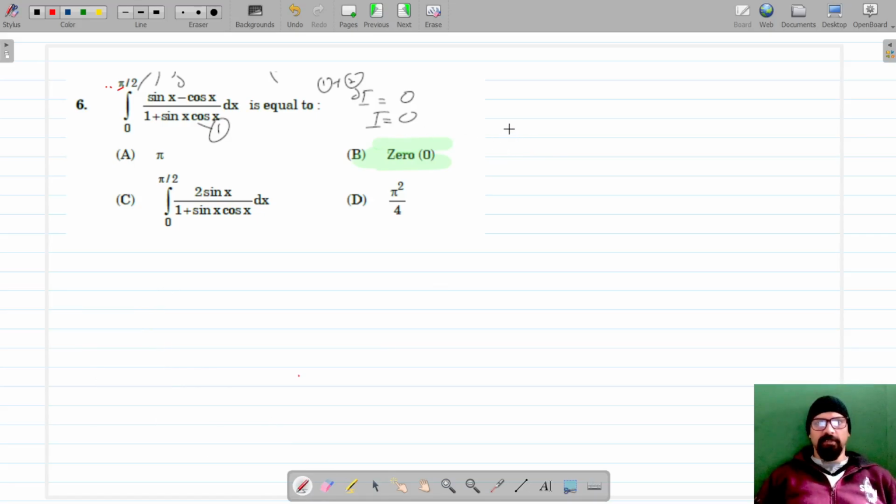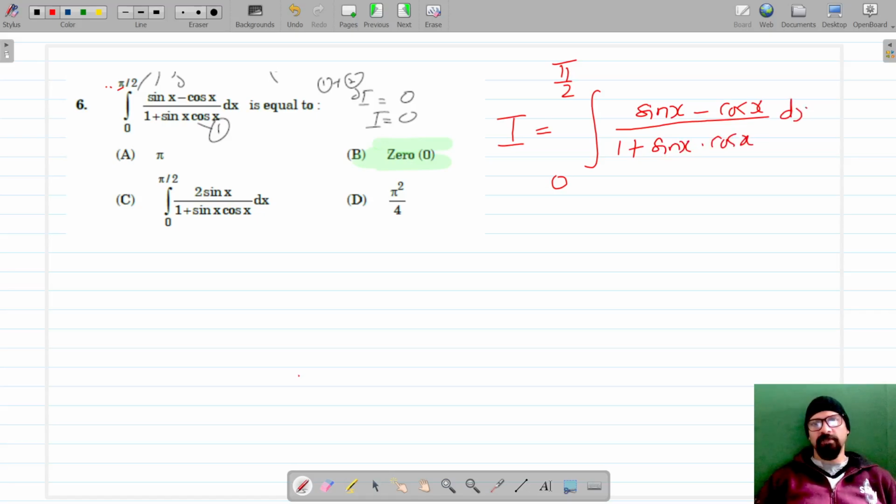Let's consider this integral as I. It has to be evaluated for the limits 0 to pi by 2. This is sin x minus cos x upon 1 plus sin x into cos x, dx.